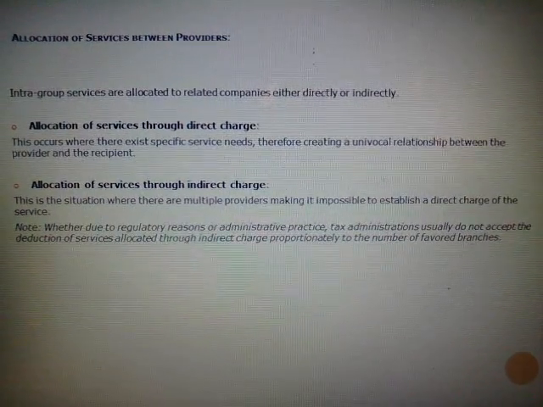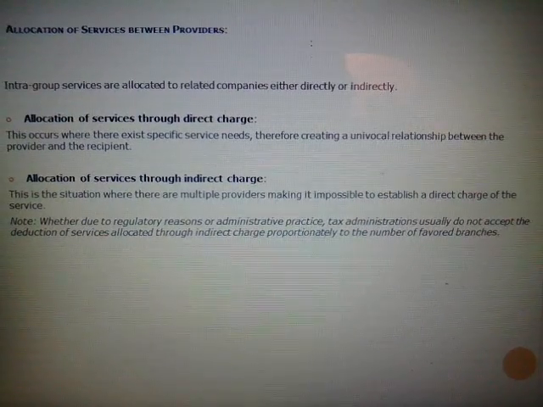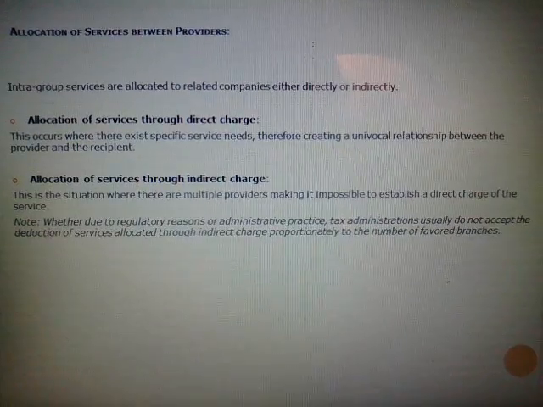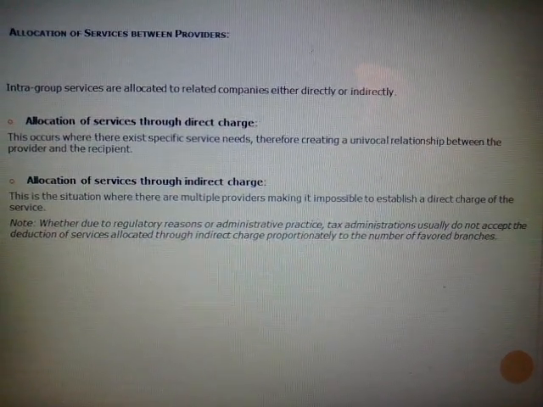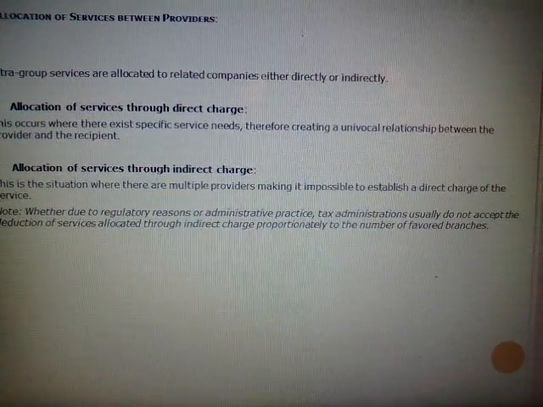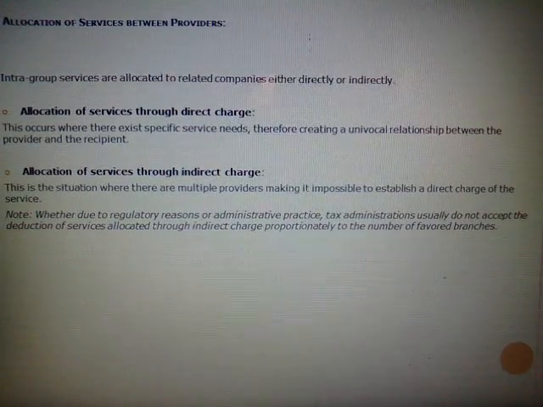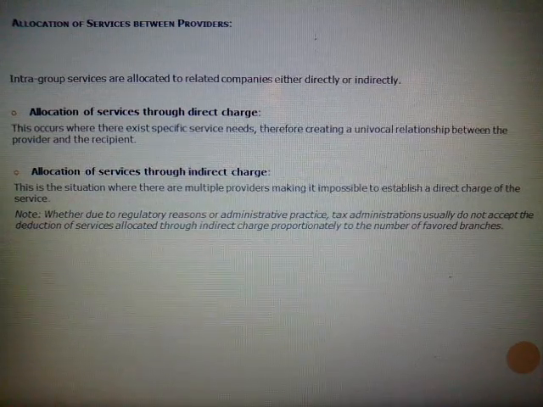This is the situation where there are multiple providers, making it impossible to establish a direct charge of the service. Note, whether due to regulatory reasons or administrative practice, tax administrations usually do not accept the deduction of services allocated through indirect charge proportionately to the number of favored branches.